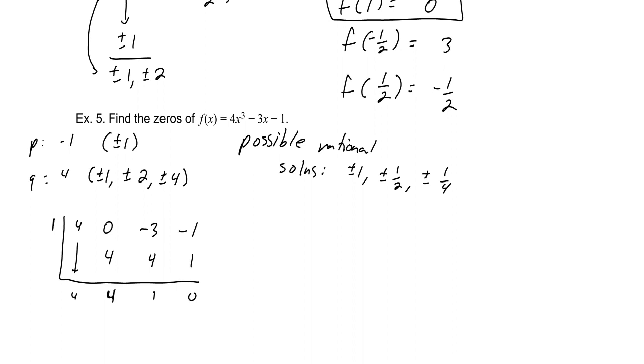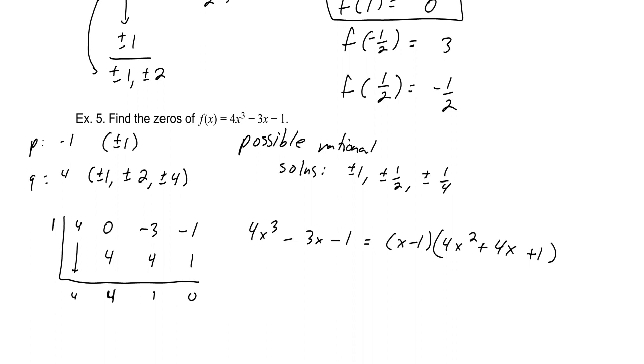Okay, 1 is a solution, which means that I can write my original 4x cubed minus 3x minus 1 as x minus 1 times 4x squared plus 4x plus 1.